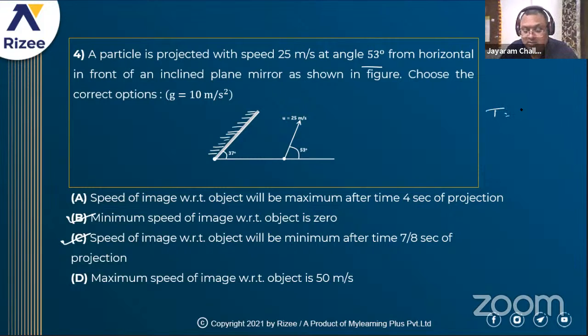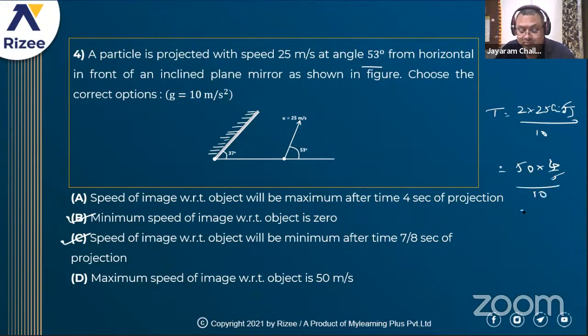Let me check it out. T is equal to 2 into 25 sine 53 by 10, which is 50 into 4 by 5 by 10, which is equal to 4 seconds.